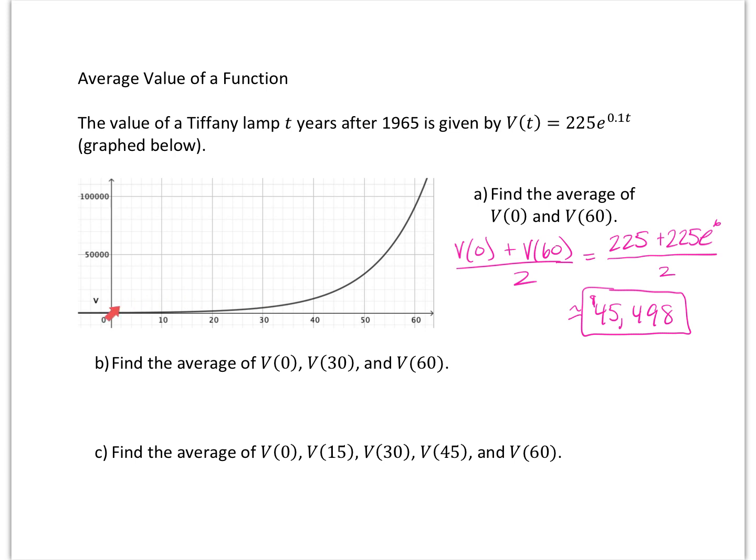But it spent more time having not a lot of value than it did being very expensive. So maybe I'll add another point, like v of 30. I'll add that into my average. So instead of averaging just v of 0 and v of 60, I'm going to do v of 0 plus v of 30 plus v of 60, three points, and divide by 3, and that comes out to approximately 31,839.